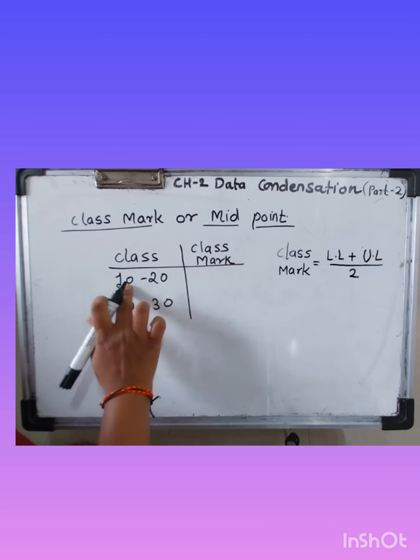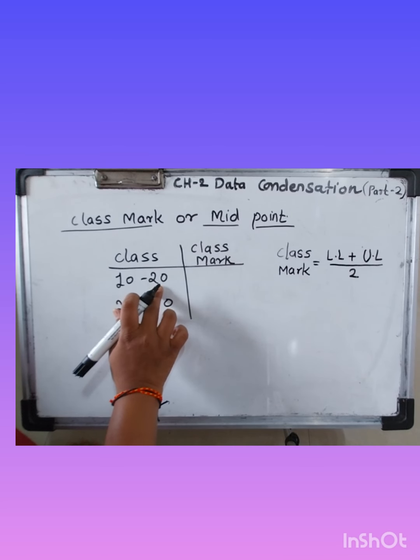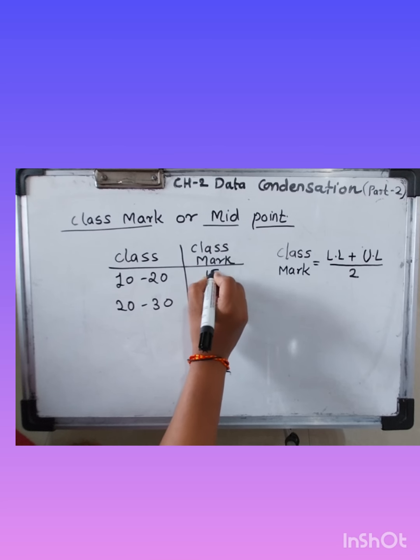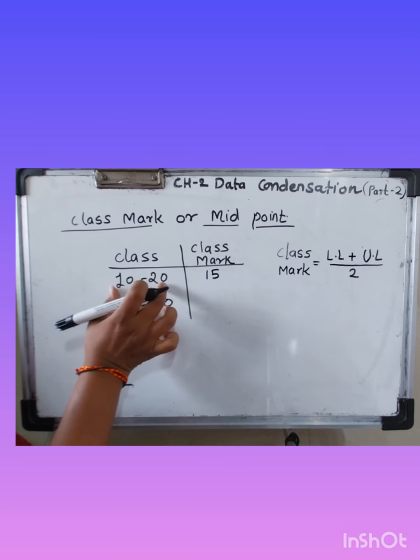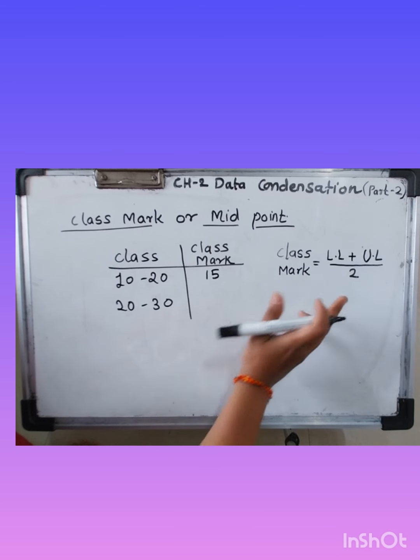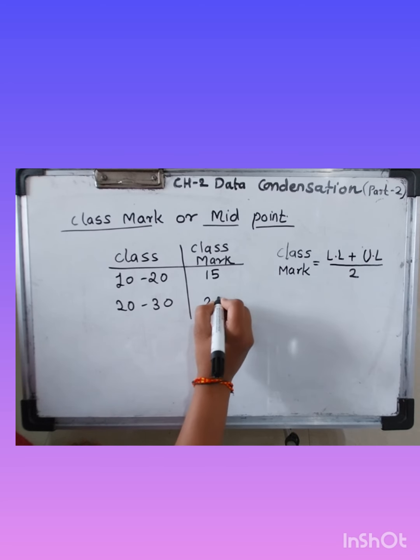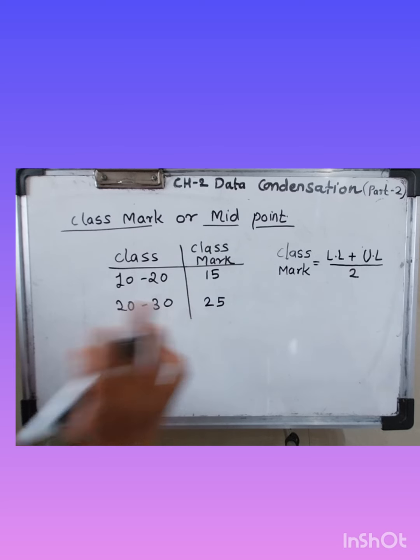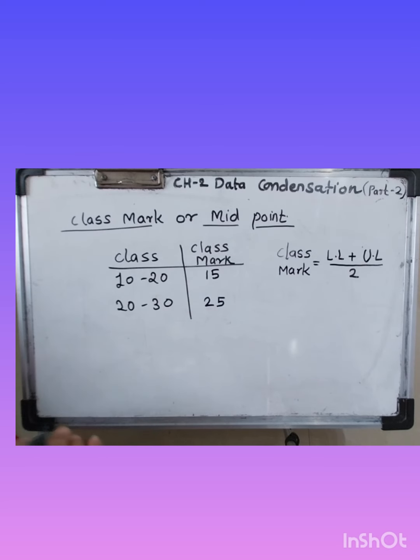Okay. 10 plus 20 divided by 2, it is 15. Mid value between both. Here 20 plus 30 is 50 divided by 2. So mid value is 25. This is my class mark. It is very simple.